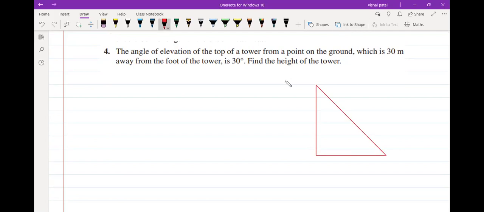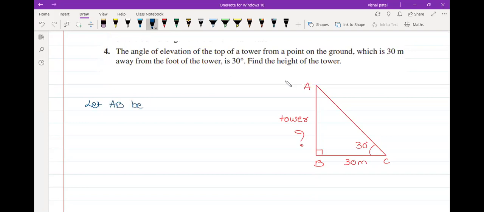Okay, so the angle of elevation of the top of a tower from the ground. So this is a tower, which is 30 meters away from the foot of the tower. So this is 30 meters. And the angle of elevation is 30. And the question is to find the height of the tower. So first let us write down what we always write.